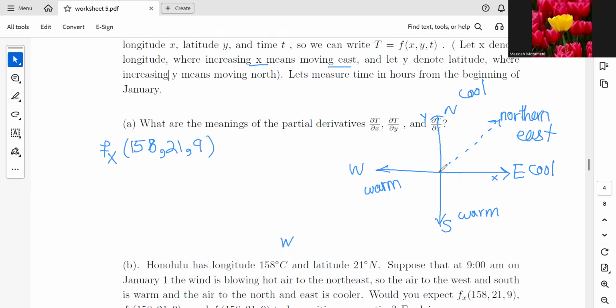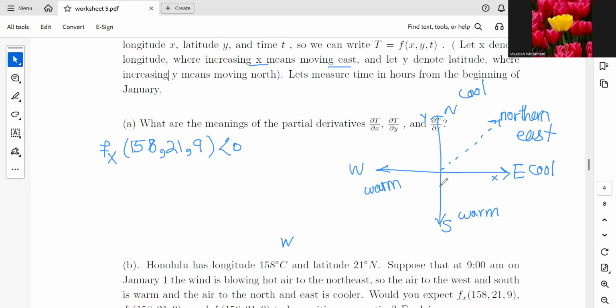So if we change x here, it means moving east and that it would be cooler. So from a warmer place to a cooler place, the difference will be negative because the second one minus the first one will be negative.